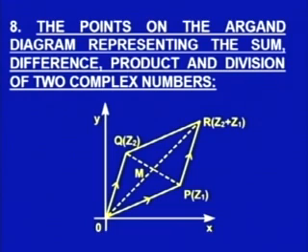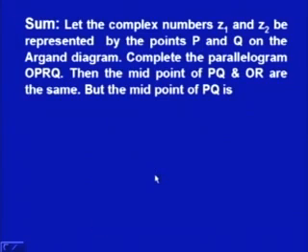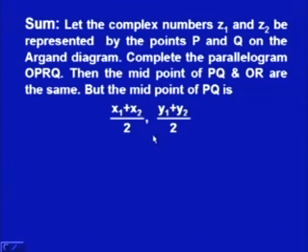If we refer to the diagram, this M is the midpoint of PQ and OR, that is x1 plus x2 by 2 and y1 plus y2 by 2.